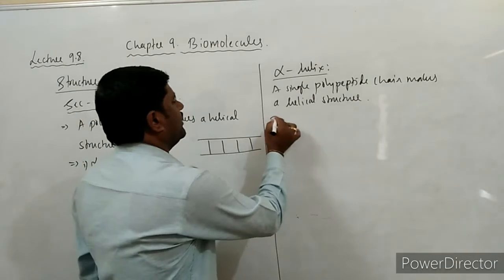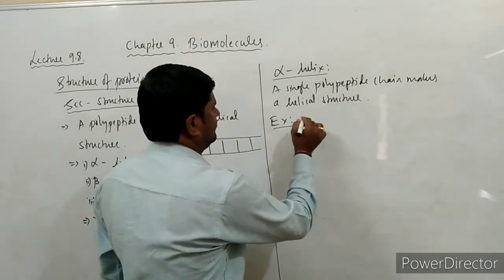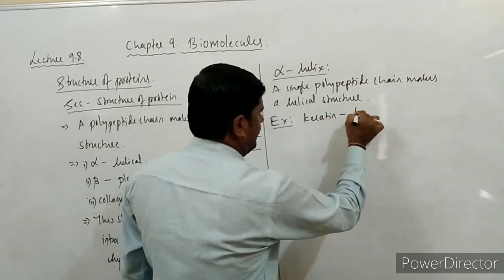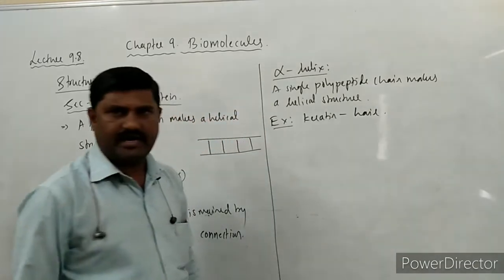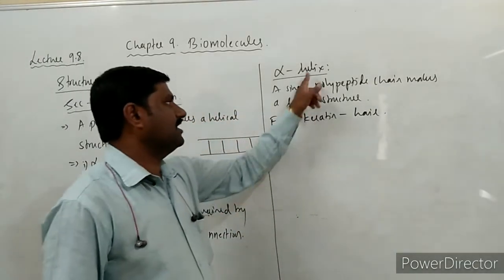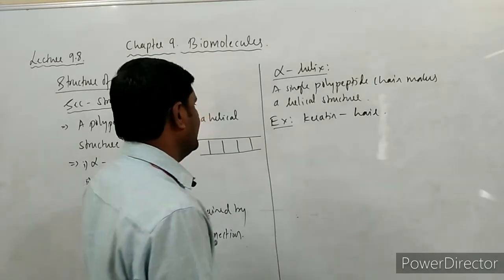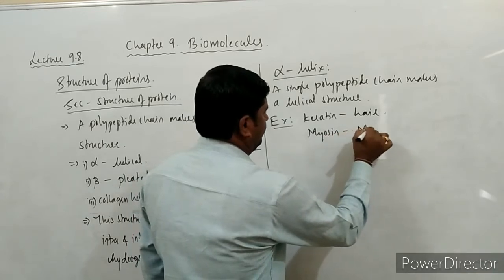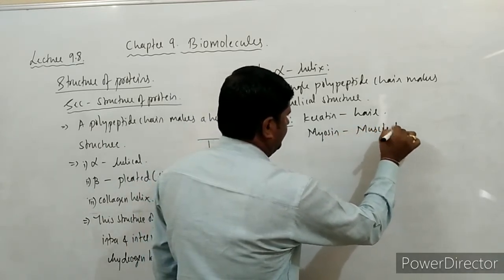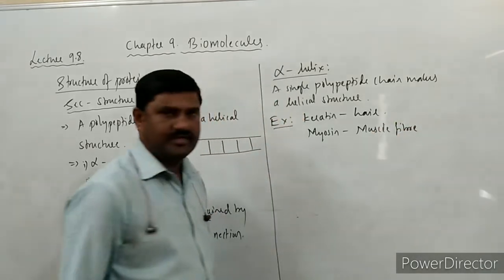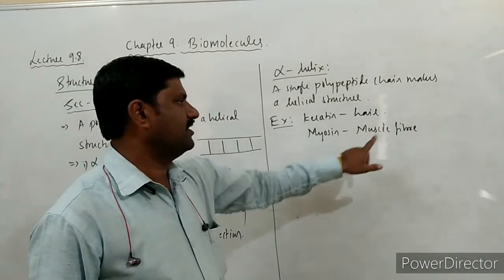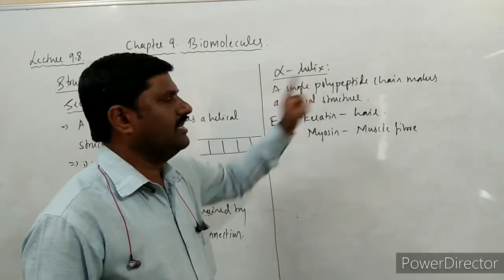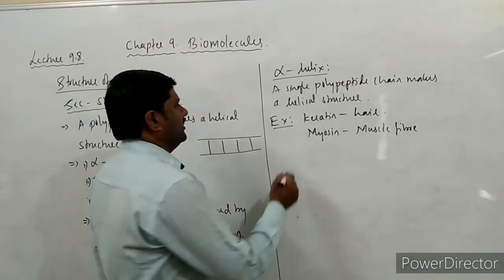The best example for this one is keratin, which is present in the hair itself. Hair keratin protein itself is the best example for alpha helix, right? And myosin in muscle fiber is present over here. Keratin is one best example, myosin is another best example. These two form the alpha helix secondary structure of protein.